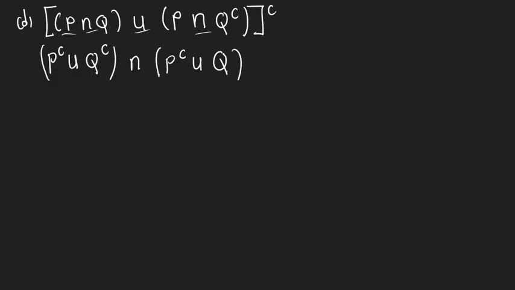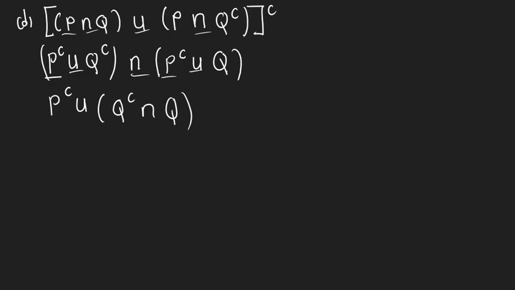So P complement and P complement are common. We can factor them out. The union set and the union there become common. We can factor it out. And then we are going to remain with only Q complement. Then we distribute the intersection with the Q set.